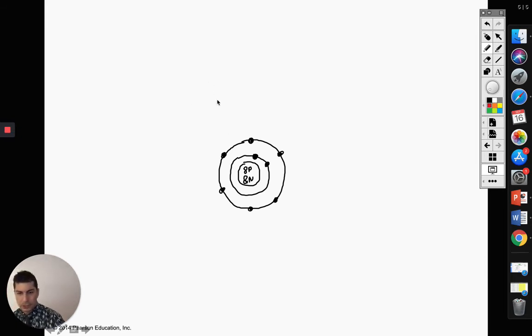That guy's oxygen. What I'm going to do here is attach our hydrogens. I'm going to draw the nucleus really small, guys. I'm not going to worry about putting the protons and the neutrons in. But let me draw my hydrogens up here. There's 1, and there's our second one.